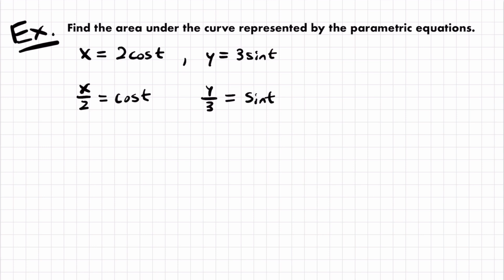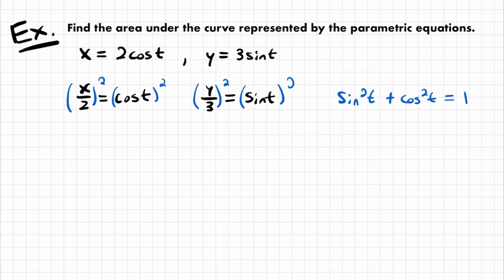All right, now to write these parametric equations into a rectangular equation, we need to use the trig identity that sine squared t plus cosine squared t is equal to 1. If we square both sides of these equations, you can see how we can rewrite the parametric equations into a rectangular equation by making some substitutions into this identity, because sine squared t is sine t squared and cosine squared t is cosine t squared.